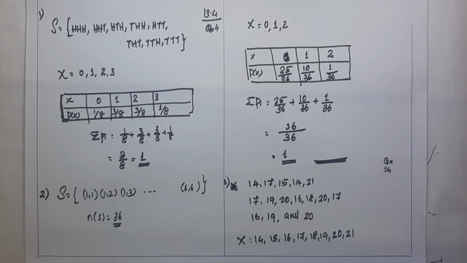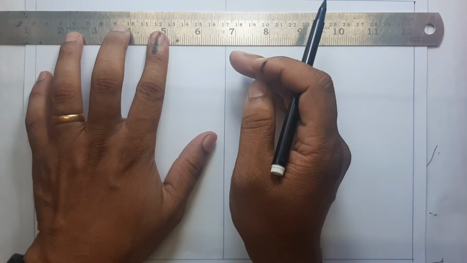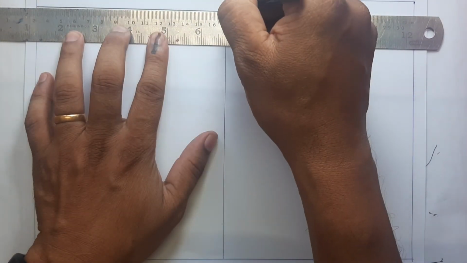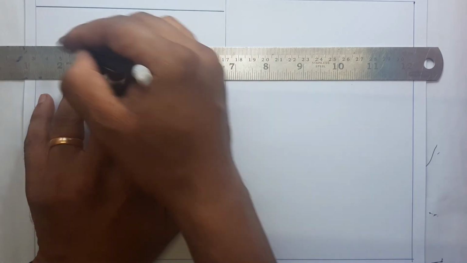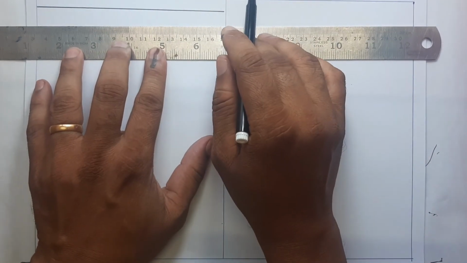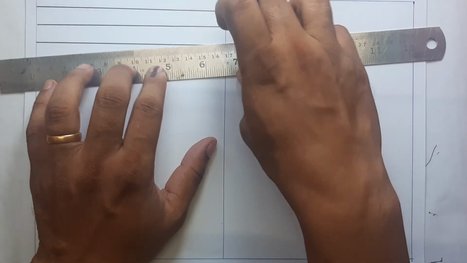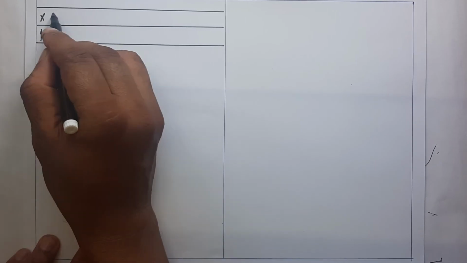Here the ages represent the values of the variable x. The random variable corresponds to the ages of the students. So x takes the values 14, 15, 16, 17, 18, 19, 20 and 21. Now we find the probability distribution, with x and p of x.